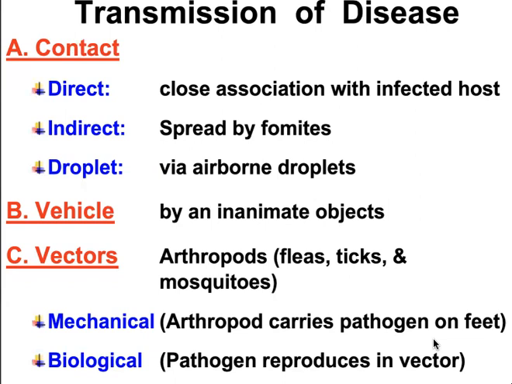Like in the case of malarial parasites and mosquitoes. So mosquitoes are needed para makumpleto yung life cycle ng malarial parasite. Okay? Kasi sa mosquito nangyayari yung sexual life cycle ng malarial parasite. Okay? Tayo, yung asexual life cycle lang. Okay?